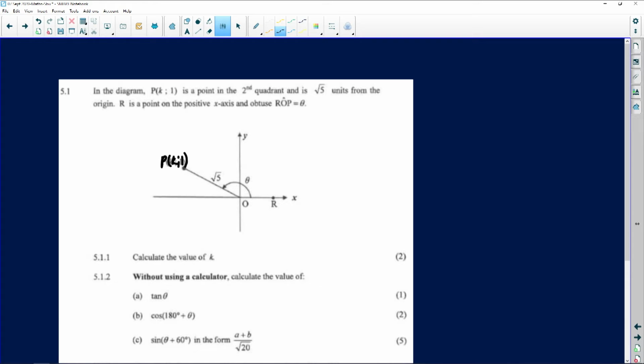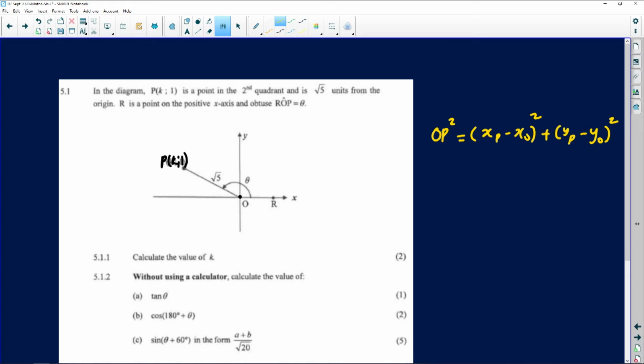Now you should know by now that the coordinates of the origin are (0, 0). You can just simply reverse the distance formula to figure out the length of OP. According to the distance formula, the length of OP squared is x at P minus x at O, squared, plus y at P minus y at the origin, squared.